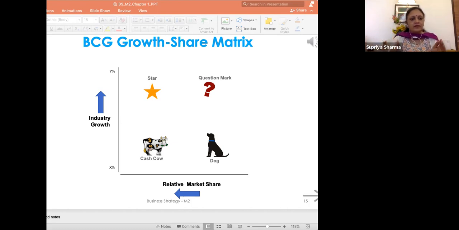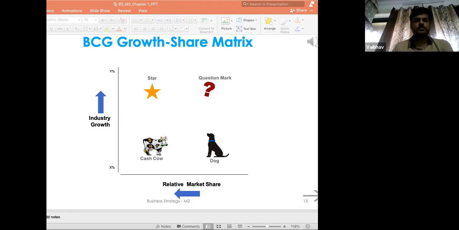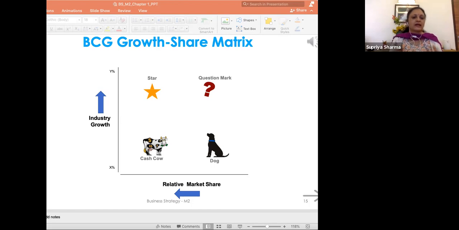And at that point of time, whatever weaknesses I have, I have to give away. So here I'm trying to analyze my portfolio and seeing through the BCG matrix what are my strengths and what are my weaknesses in my portfolio. Say, for example, I'm any XYZ company, I'm Dabur. So I'm trying to see what all products I have in my portfolio and where do they lie.